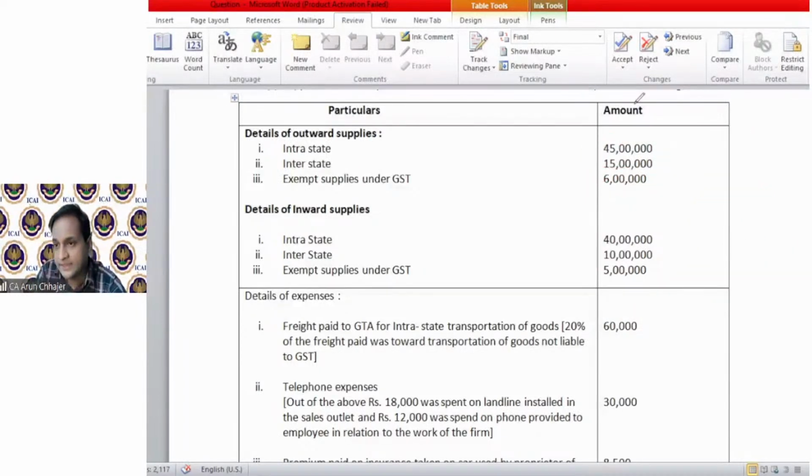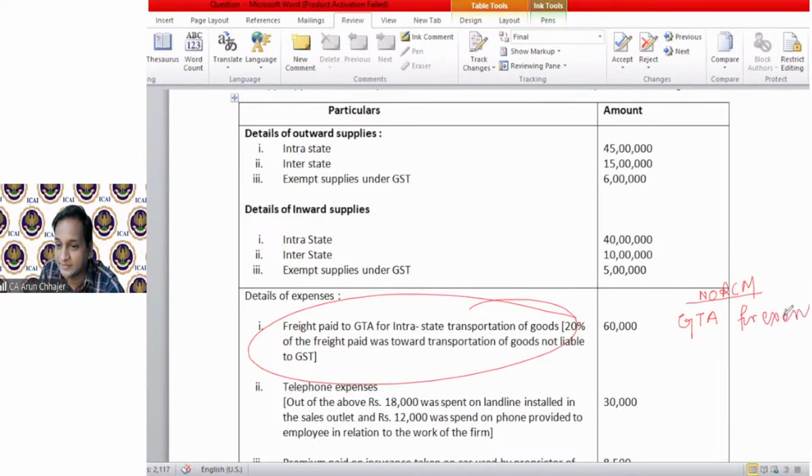Now, this question, particularly this point, gives me one more clarity. What is that? Sometimes I heard that there is no RCM on transportation charges for exempt supply.